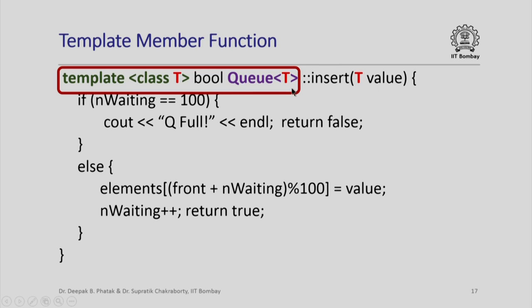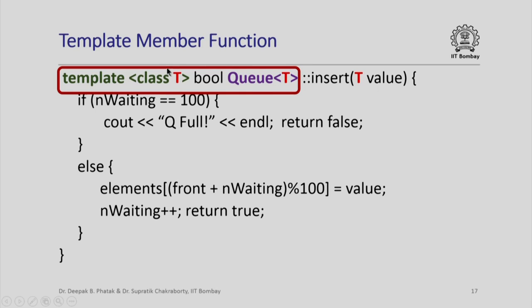Basically Q, which is a template class, and the generic data type I am using there is type T, and of course I have to prefix this entire member function definition by template <class T>. So this basically tells the compiler that I am using a template member function.